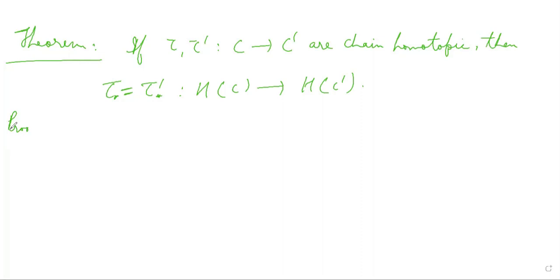Proof. Assume that D is a homotopy from tau to tau prime.